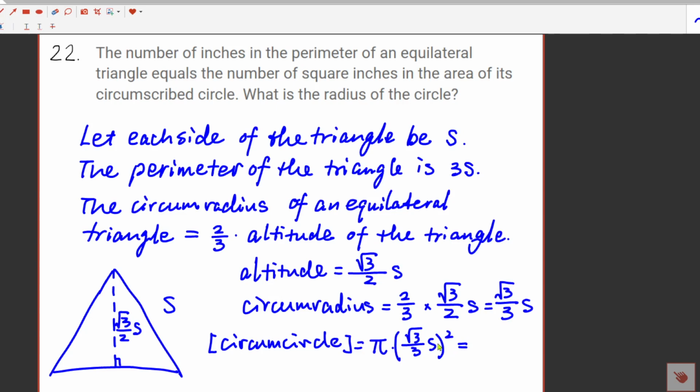And this gives us 1/3 pi S squared, right? And this must equal our perimeter. We have S squared pi over 3 equals the perimeter 3S, and we know that S equals 9 over pi, right?